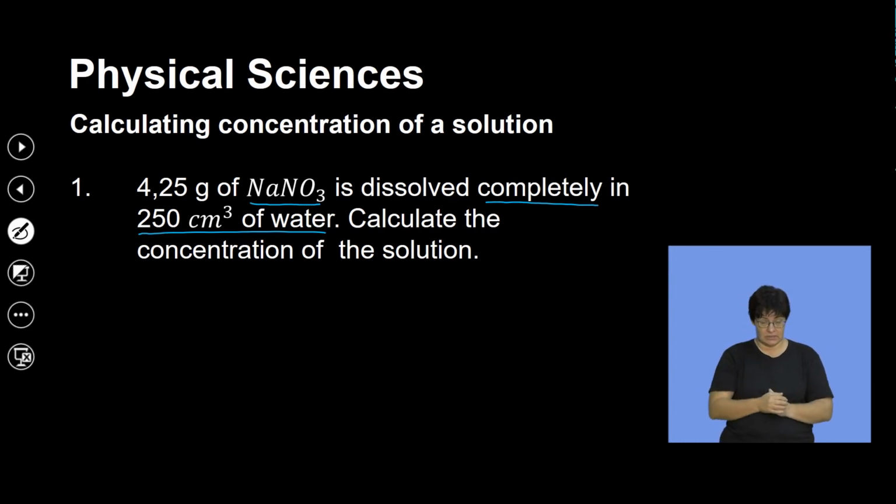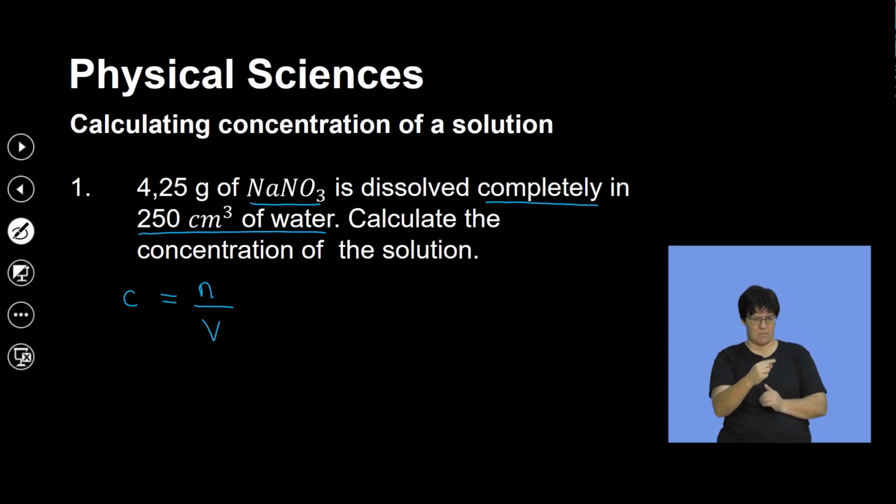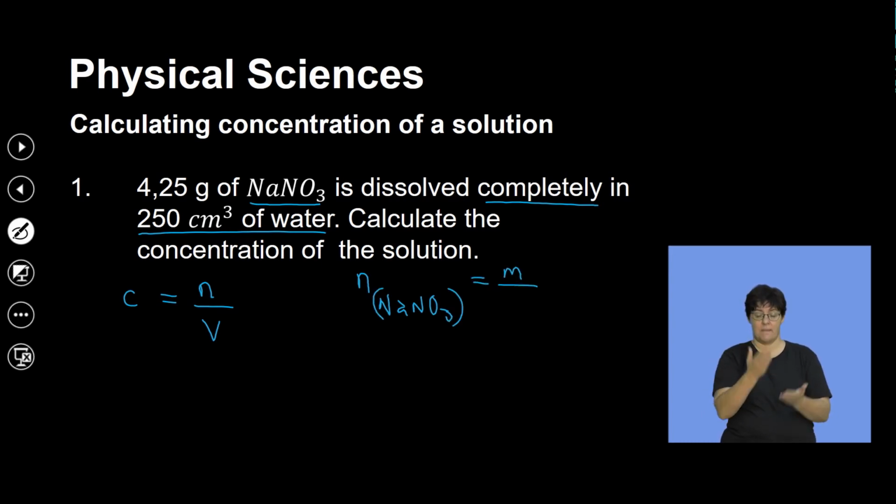Okay, now first things first, we know that concentration is equal to moles per unit volume. But we ask ourselves, in the 4.25 grams of sodium nitrate, how many moles are present? We know that number of moles of sodium nitrate is equal to mass of sample divided by the molar mass.